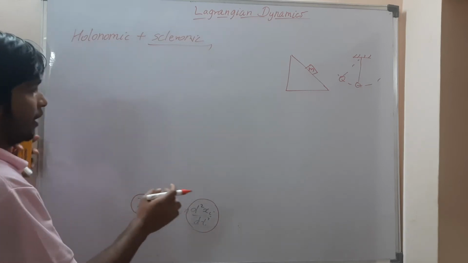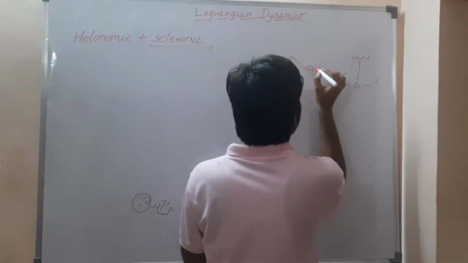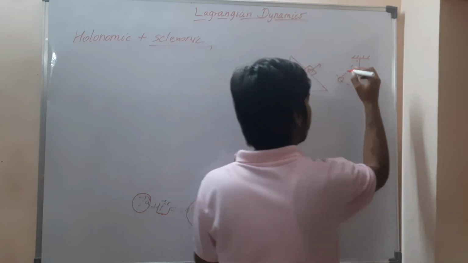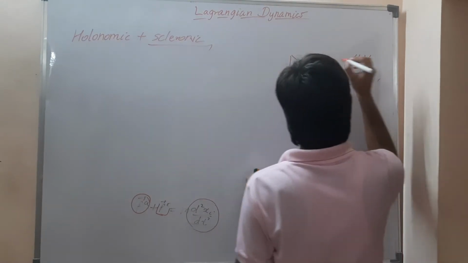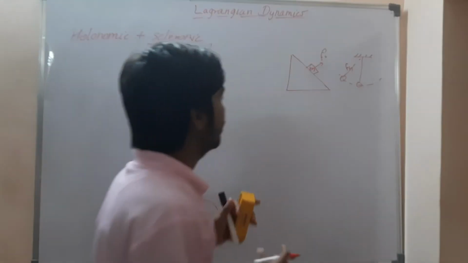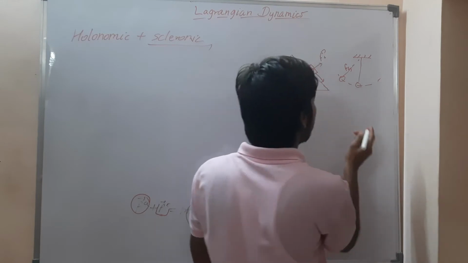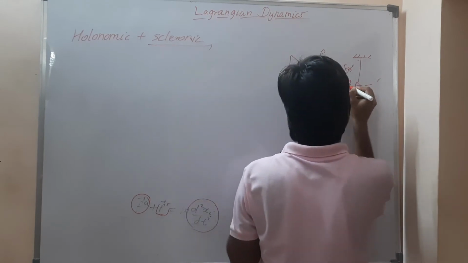So here, the force of constraint is on this side, and in this one, the position and the force of constraint are like this. But the system of particles is moving in this direction, and this is also moving in this direction.